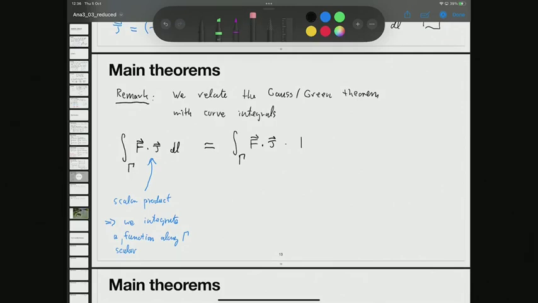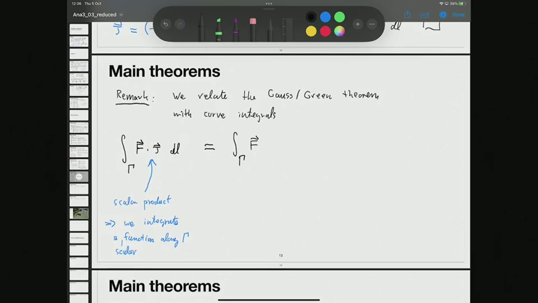Maybe a bit more explicit: f of some parameterization gamma, that should be from a to b, and the unit tangent at position gamma t.